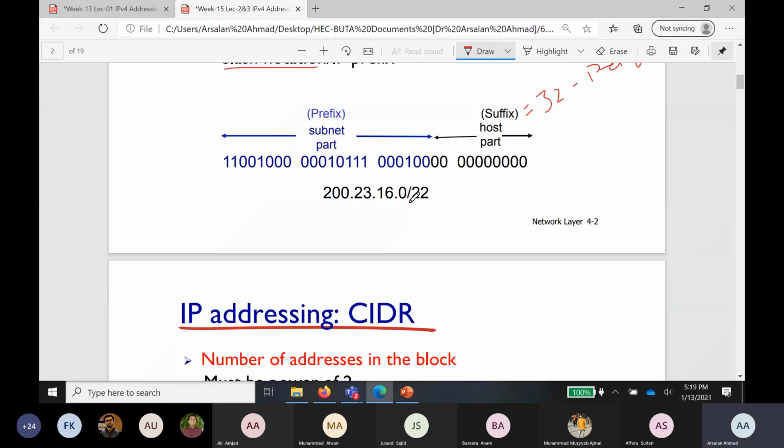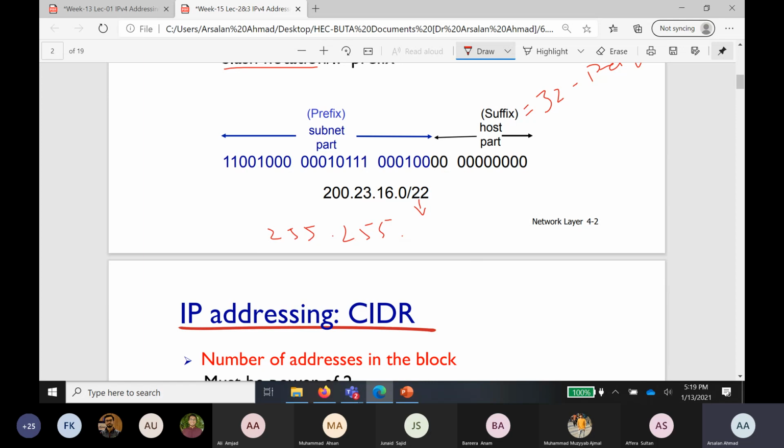If this is the x, the prefix, the subnet part, then this translates into a mask of 22 ones and 10 zeros. 22 ones means the first octet is 255 and the second octet is 255.